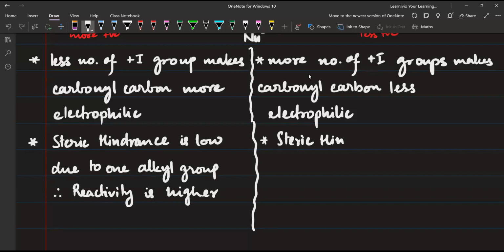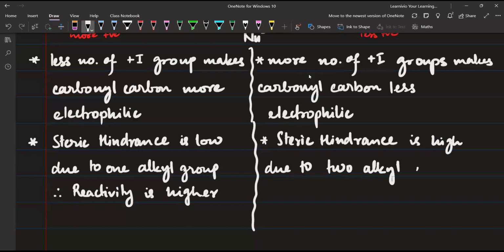For ketones, steric hindrance is high due to two alkyl groups. Therefore, reactivity is lower.